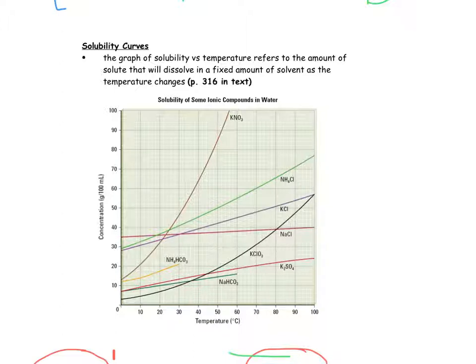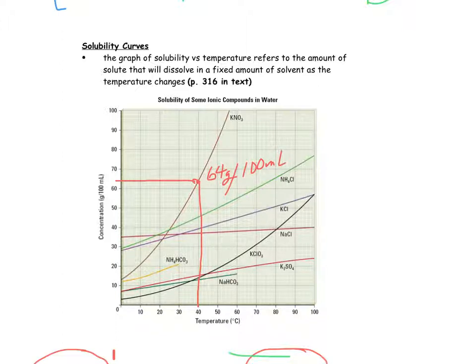Well, I'm going to follow my line up to see where it hits the graph, and then go across here and measure. That's going to tell me that at 40 degrees Celsius, it looks like I can probably dissolve about 64 grams of potassium nitrate per 100 milliliters of water.